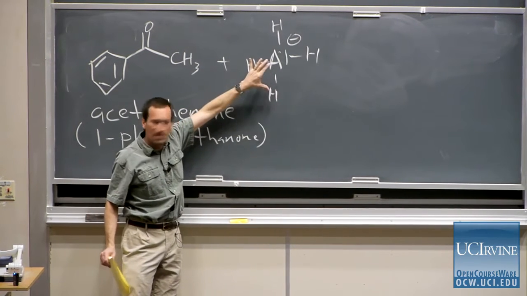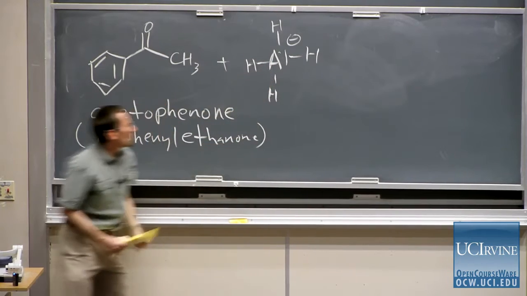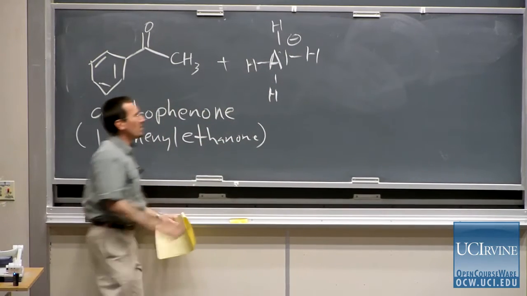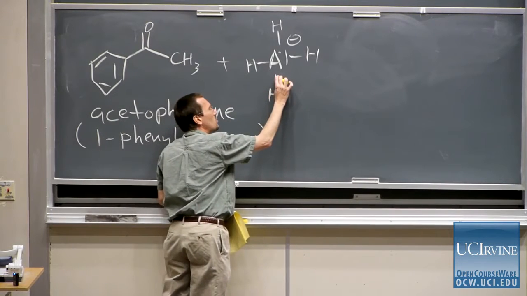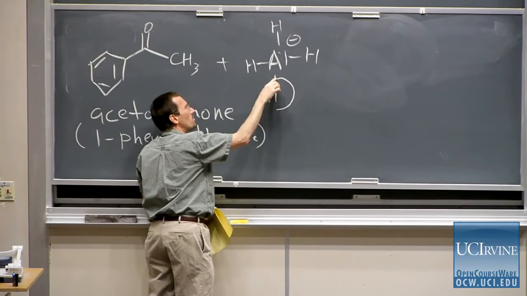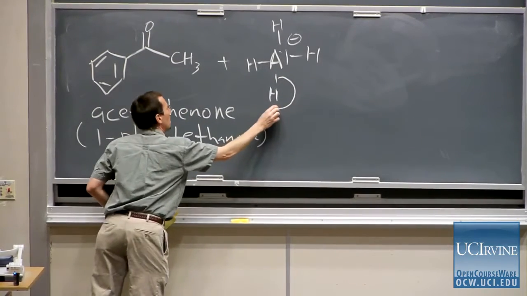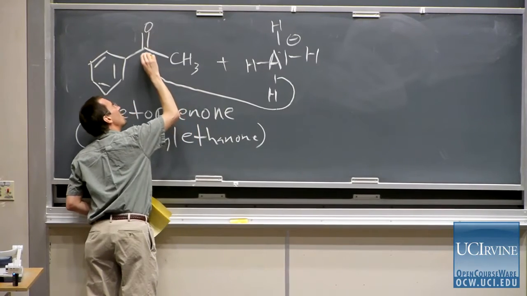The bond between them is covalent, but it's a polar covalent bond. And it's one in which we can think of it almost as H-, or another way is we can think of the electrons as flowing from the bond between aluminum and hydrogen onto the carbonyl carbon, toward the carbonyl carbon.